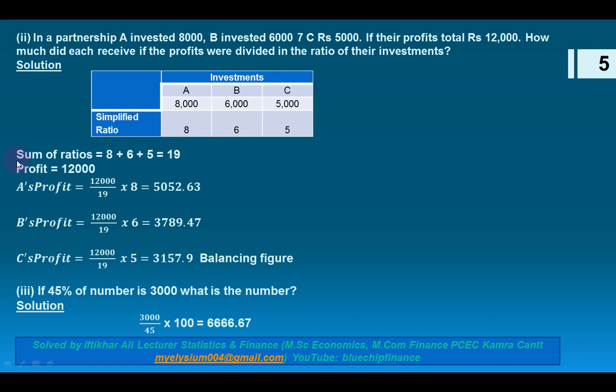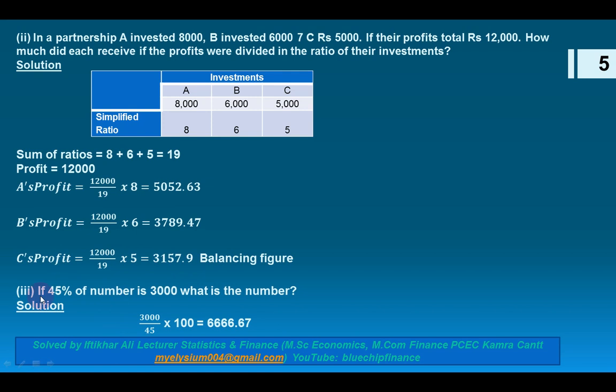After that, you take the sum of these ratios. 8+6+5 equals 19, and then divide this profit by 19 and take the one portion, and after that multiply by 8 is the profit of A, multiply by 6 is the profit of B, and multiply by 5 is the profit of C.